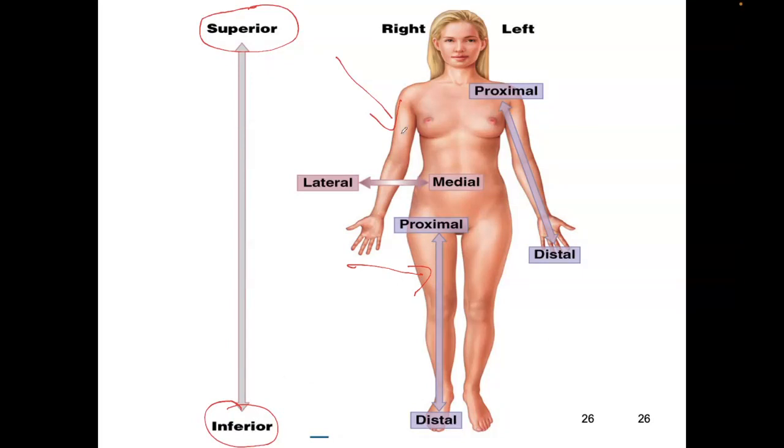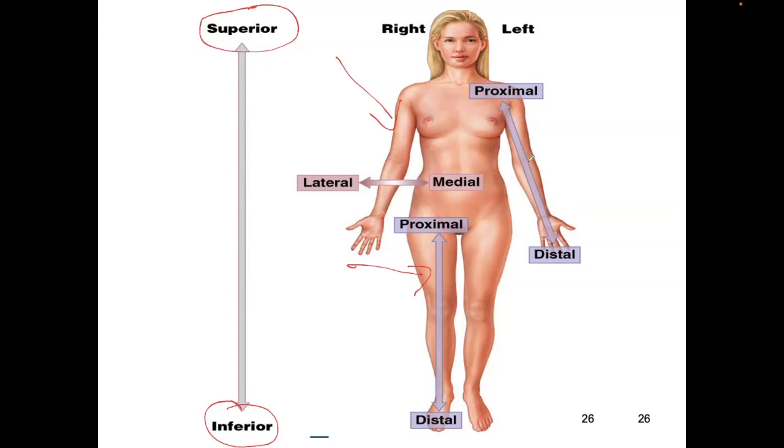When we're talking about these body parts, we use the word proximal and distal. Proximal is closer to the beginning of the torso, and distal is more distant. It's further away, whether it's the upper or the lower extremity. Proximal is towards the beginning, like to approximate. Distal is more distant.